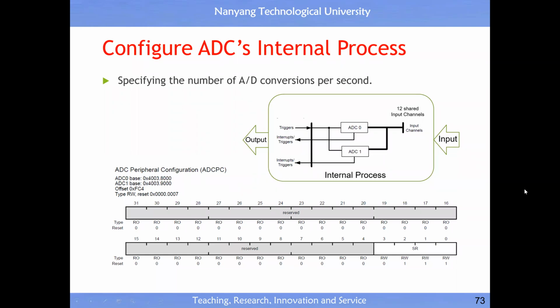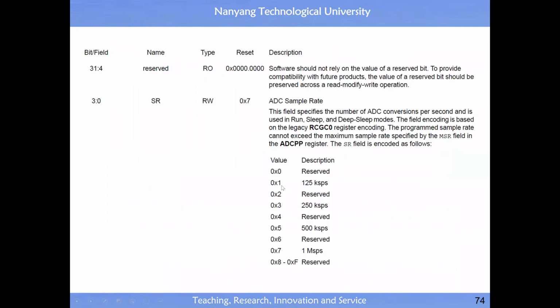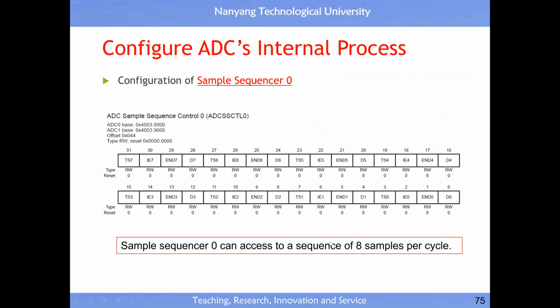So you use this digit to do the selection. If you key in value 1, you do the quantization at 125 kilobits per second. If you set this to 7, then you run at full speed, 1 million bits per second. That's it.